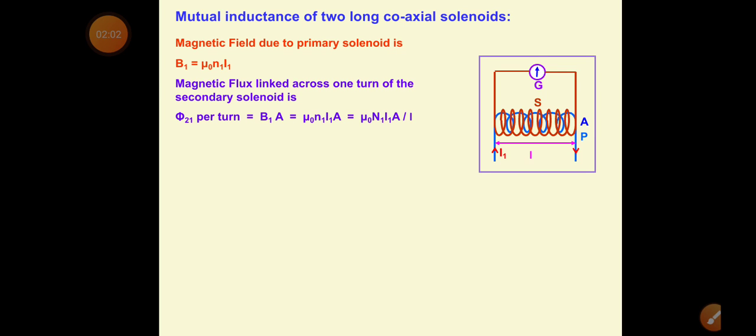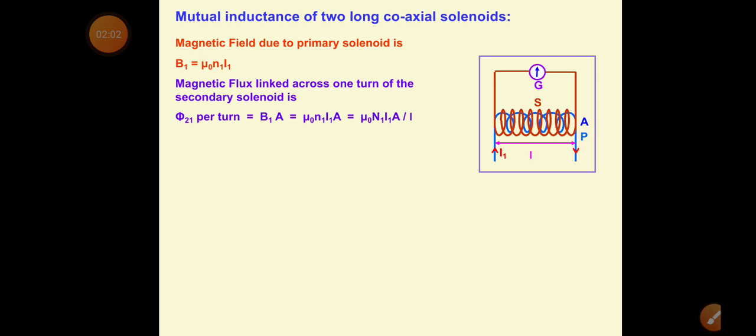The magnetic flux linked across one turn of the secondary solenoid is phi 21 per turn, that is B1 into A. Now this B1 is the field given by the primary or the first coil. If I put the value of B1, it will be mu 0 n1 I1 A, because the area of cross section is the same for both the solenoids.